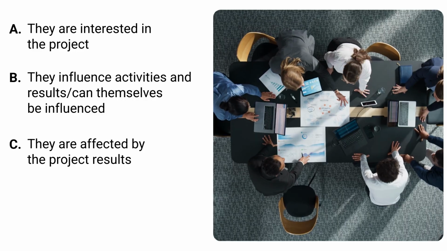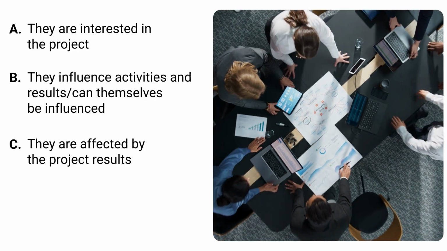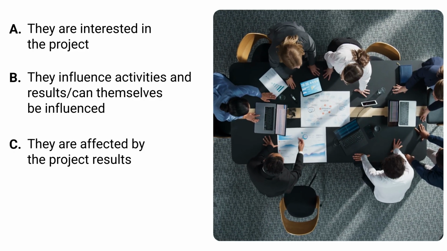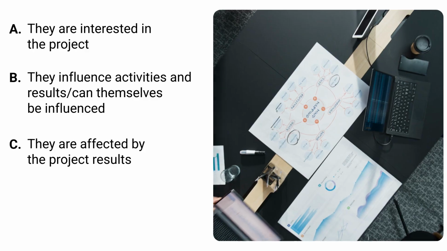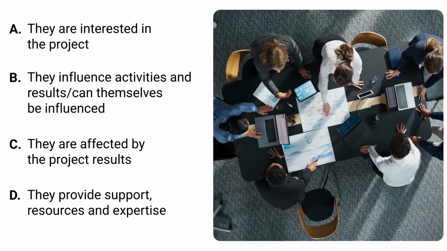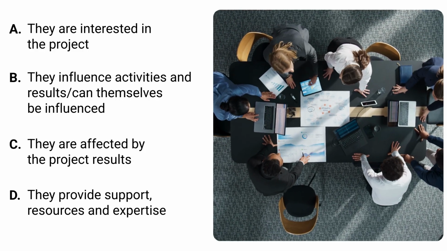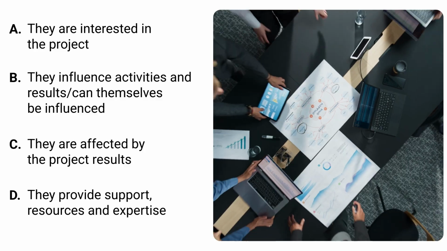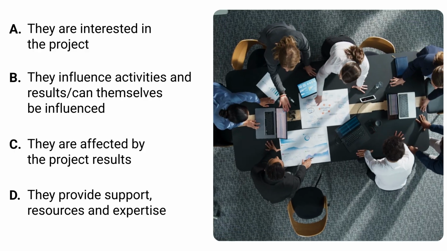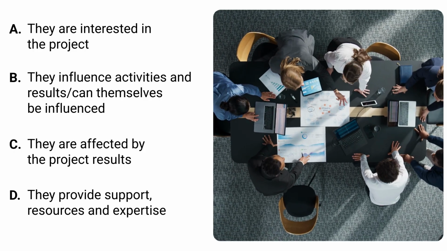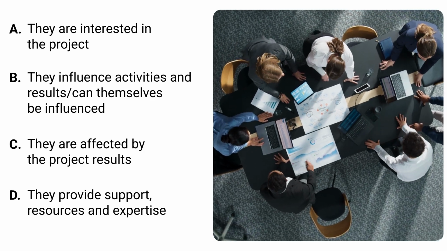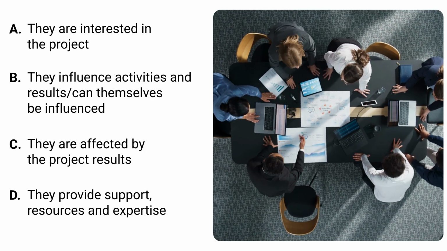These groups can influence how our project is carried out or be influenced by it in the short and long term. They can contribute to its success by providing support, resources, or expertise. Some of these groups have significant power and may even sabotage the project. That is why identifying them is an important step at the very beginning of every project. It helps us anticipate potential risks, plan realistically, and achieve sustainable results.